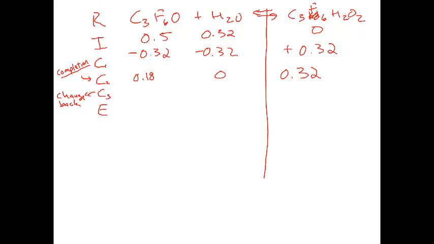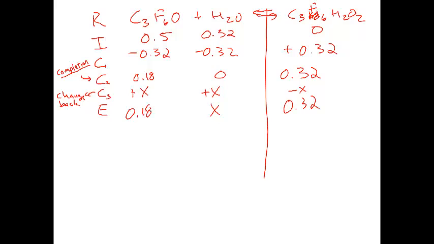So we know our equilibrium. Now my reaction's moving backwards. I subtract x from here. What do I add here? Now, because I have a really big K, I know that that reaction is not going to go backwards very much at all. It wants to stay mostly as the products. 0.32 minus the teeny tiny number is 0.32. 0 plus x is x. 0.18 plus the teeny tiny number is 0.18.